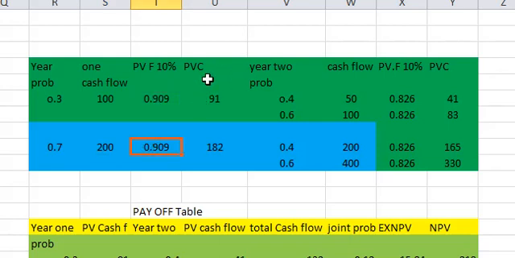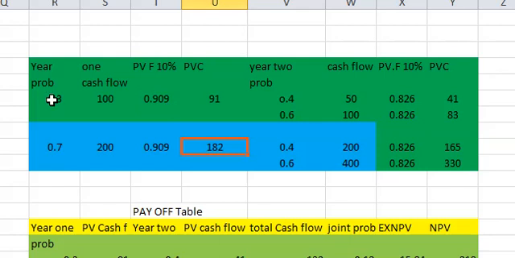So you can get our present value cash flow. This present value cash flow, you are getting your cash flow times your PV factor. So you get 91 and 182 in year 1. When you come to year 2, the probability changes.